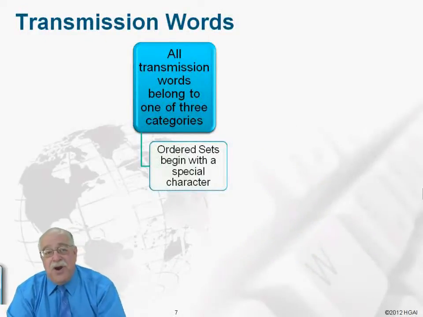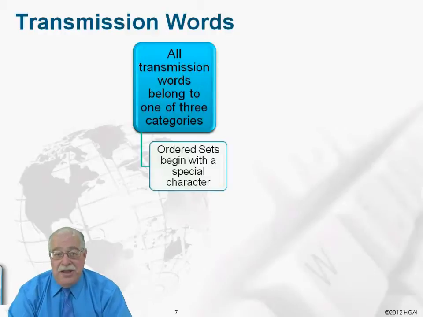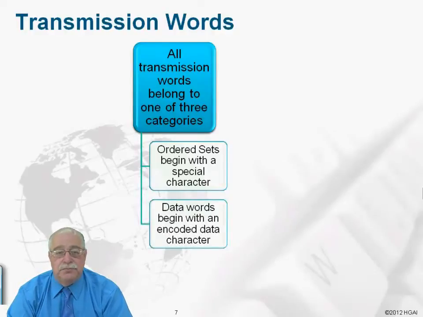Everything that moves in Fibre Channel moves as a transmission word. 40 bits after 8-bit, 10-bit encoding. We move things 4 bytes at a time in Fibre Channel. The ordered sets will begin with a special character. Data words begin with an encoded data character.